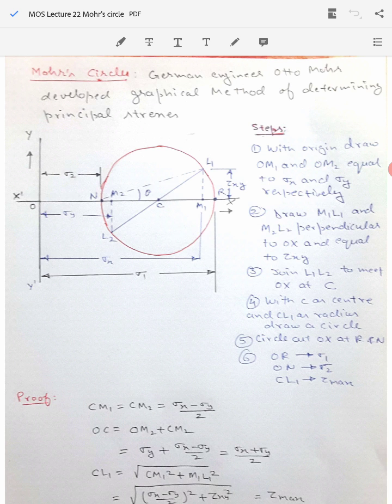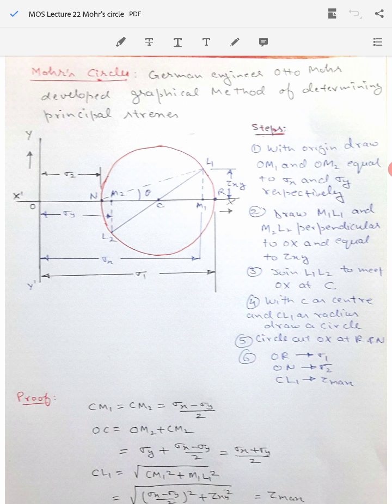There are certain steps to apply this graphical method, and let's look at what those steps are. As I just said, in the case of a biaxial state of stress, we are given the value of the stress acting along the x direction, which is sigma x, acting along the y direction, that is sigma y, and the shear stress, that is tau xy.